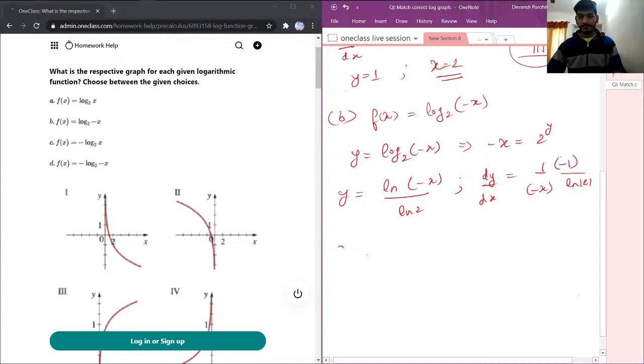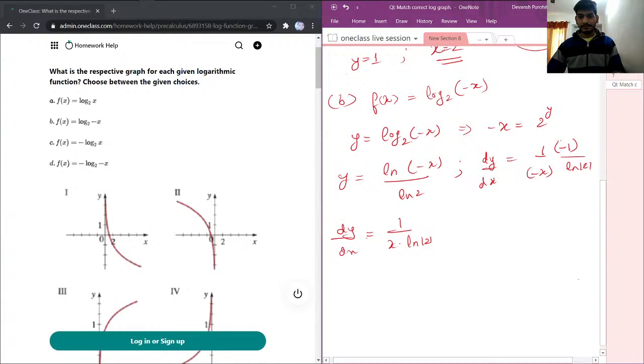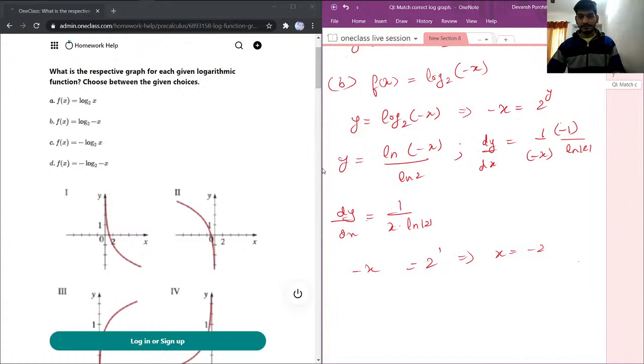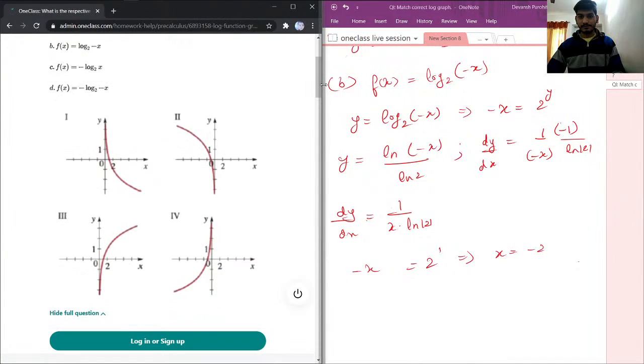So we can see that d over dx is going to be 1 over x times ln 2, and for y equals 1, 2 power 1 will be negative of x. This implies x will be negative of 2. So for positive y, my x is going to be negative and here my slope is going to be positive.